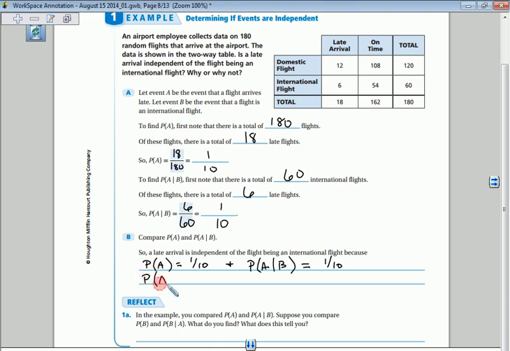Because the probability of A is equivalent to the probability of A given B. And what would we say about that? What does that mean? That means independent.